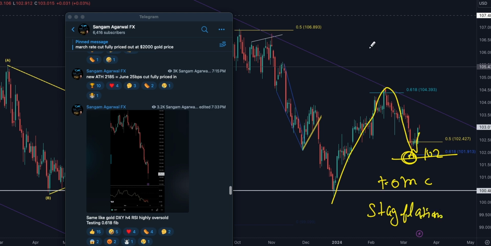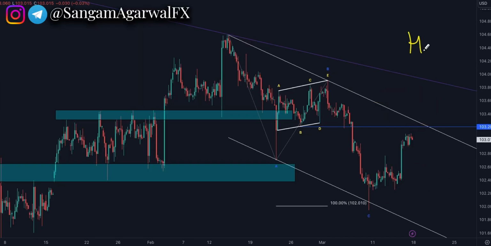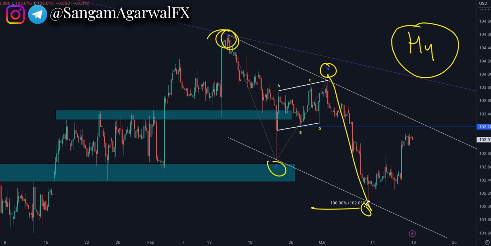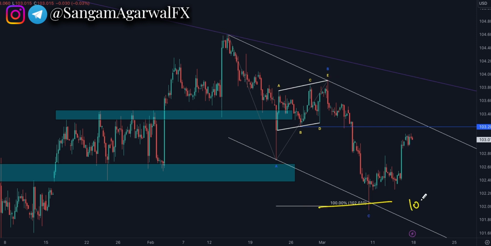Again, I am saying this is not for the ordinary trader, this is for hedge funds. For the intraday H4 chart, if you need more information from this high ABC wave, then wave C 100% projection. You can see a big pin bar. Since then it is up. So 102 is the big static support level and the first nearest resistance is 103.209.